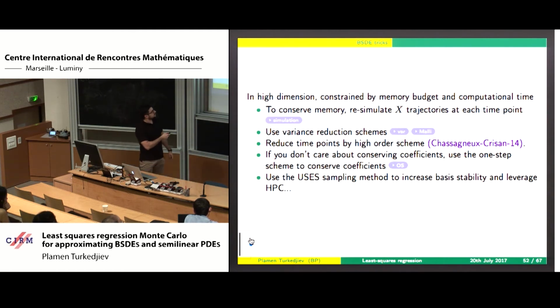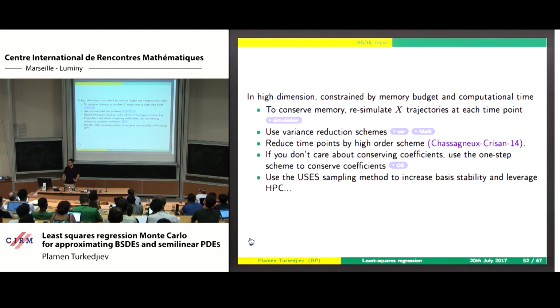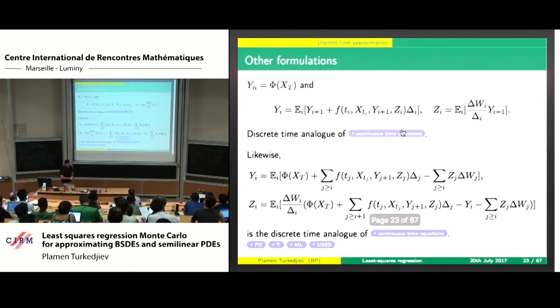The second thing is use variance reduction. We've seen already that we do capture the effect of variance reduction inside the least squares regression. What I'm particularly thinking of is this term where we subtract the stochastic terms.